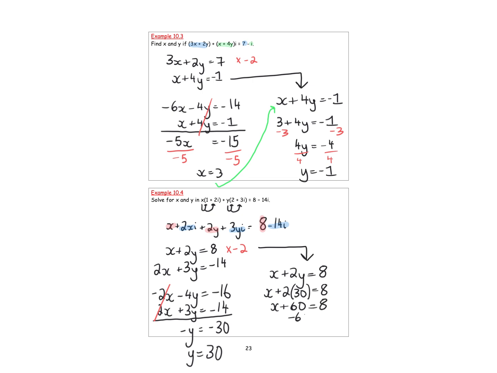I'm going to minus 60 from both sides, and we'll be left with x is equal to 8 minus 60, which will give us minus 52. Therefore, if x times 1 plus 2i plus y times 2 plus 3i is equal to 8 minus 14i, then x has to be minus 52 and y has to be 30.